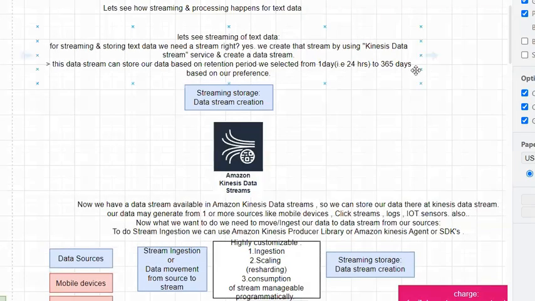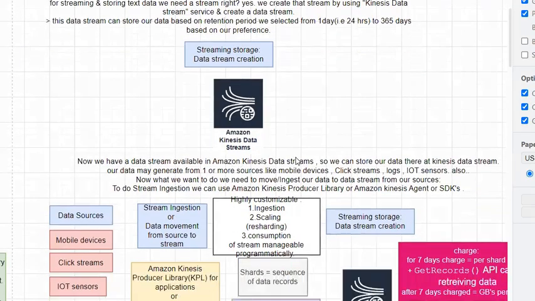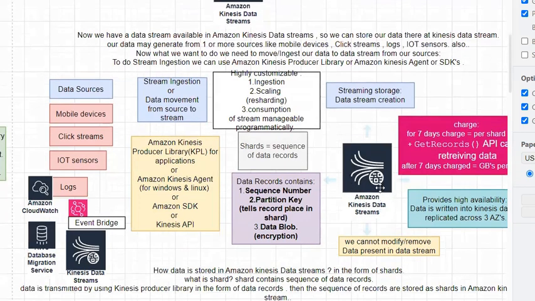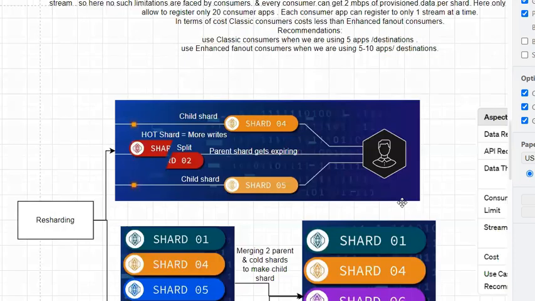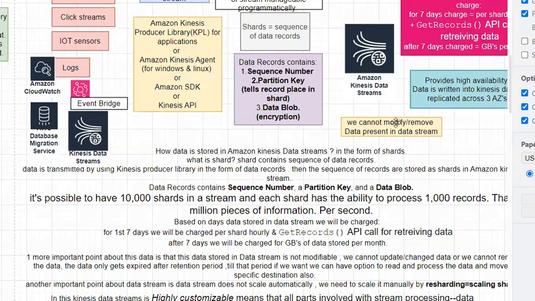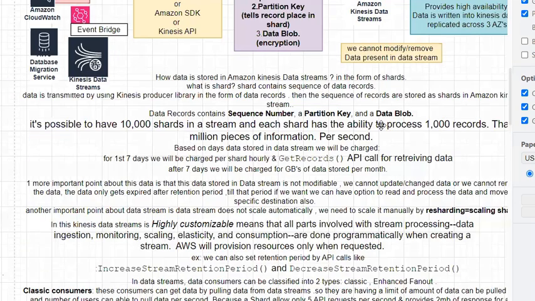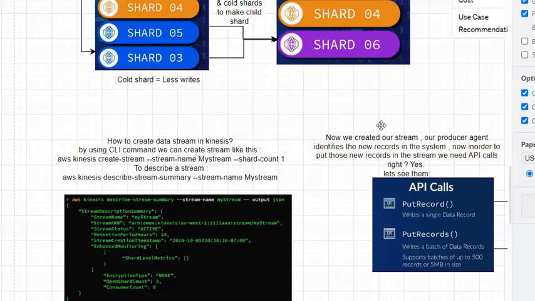This is all about the Kinesis Data Streams service. We can use this service for streaming storage, store data from various data sources, and ingest it using APIs and agents. You know how the data is stored, the cost, and how to create a stream programmatically as well as from the AWS Management Console.